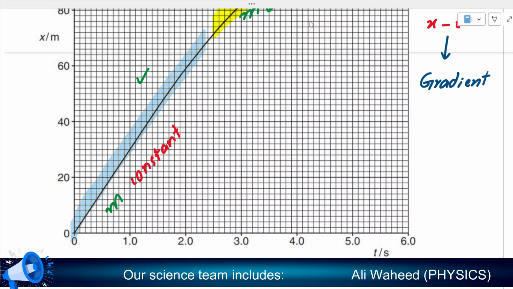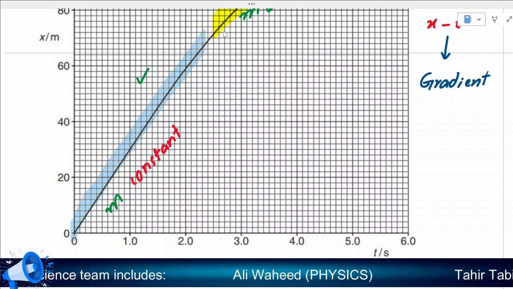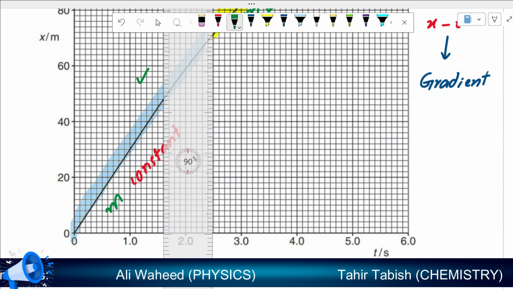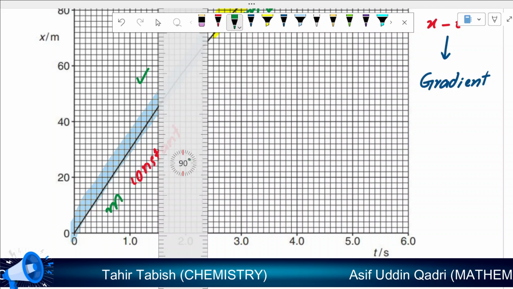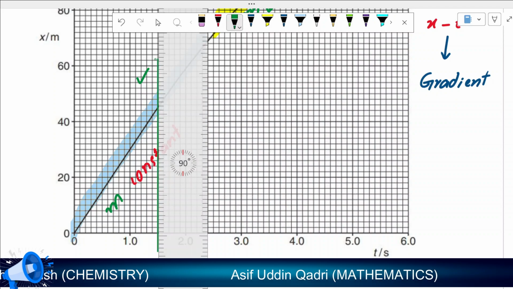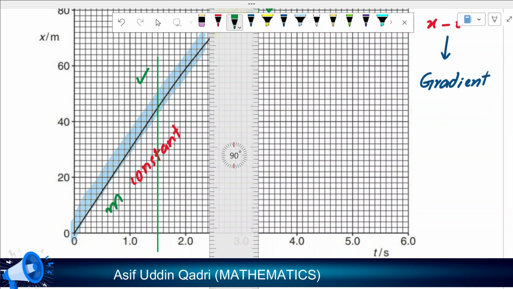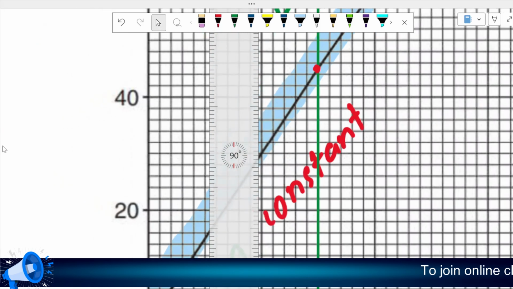I can draw a straight line till 1.5 second. So 1.5 would be exactly in the middle of 1 and 2, someplace over here. So this is a point that gives us the displacement at 1.5 second.